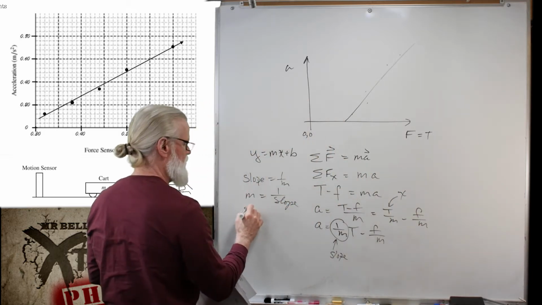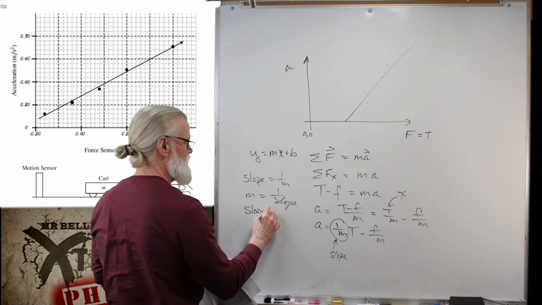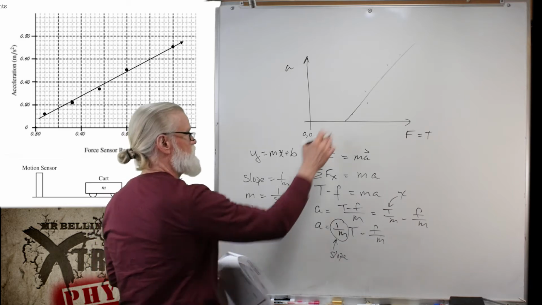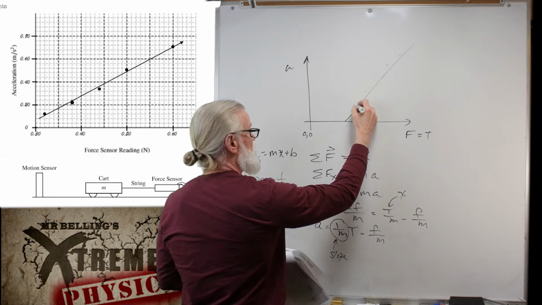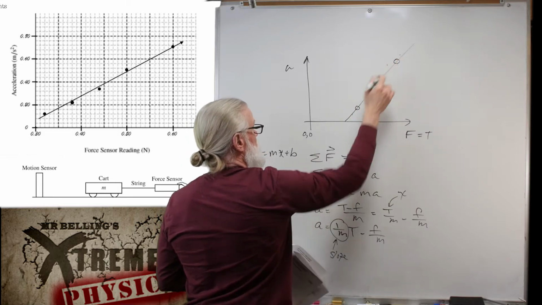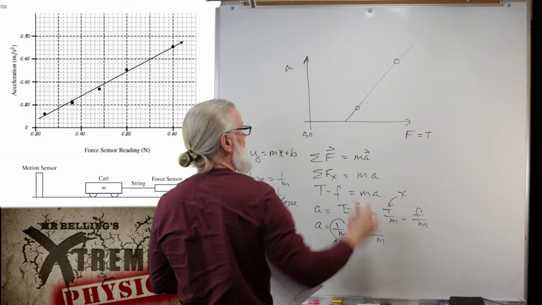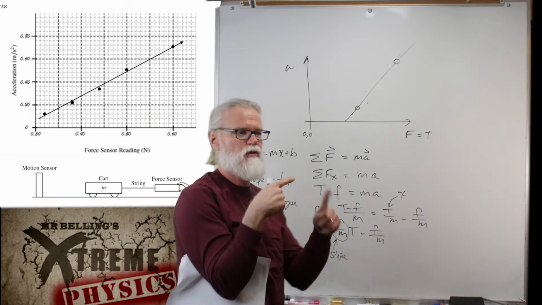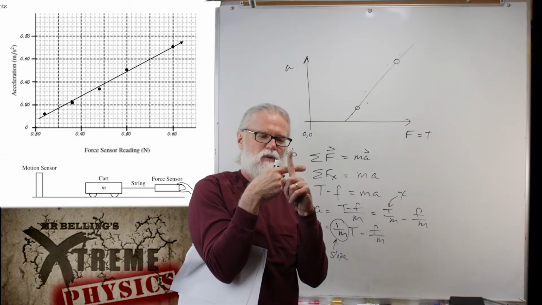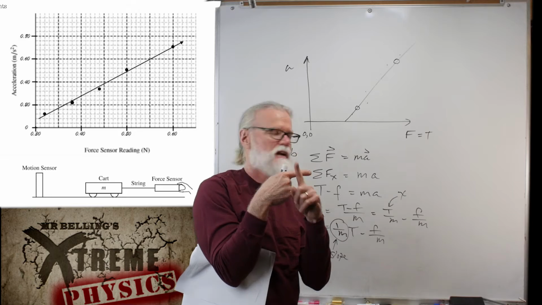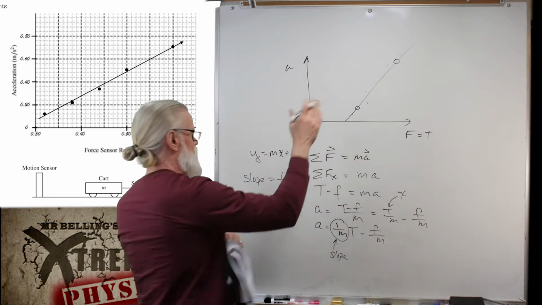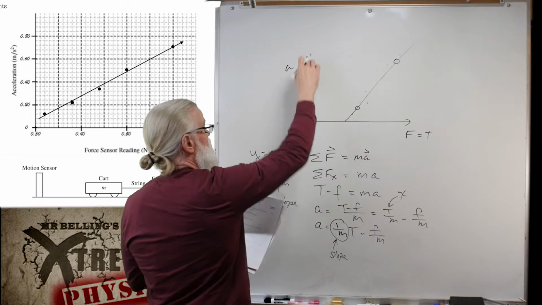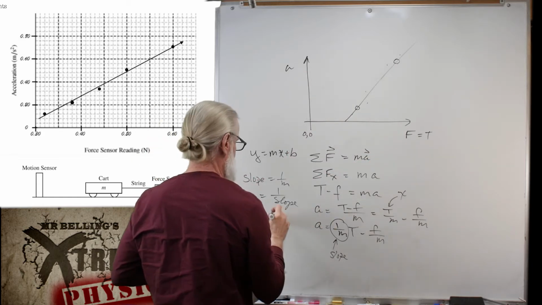When they plotted their line of best fit, they chose 2 points. Make sure you're doing that. Choose 2 points anywhere along this line, convenient points. I usually go for where 2 lines cross on our grid as a convenient way. So you're going to do that, and you're going to go change in a over change in F.